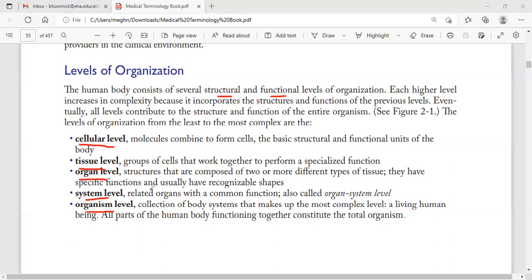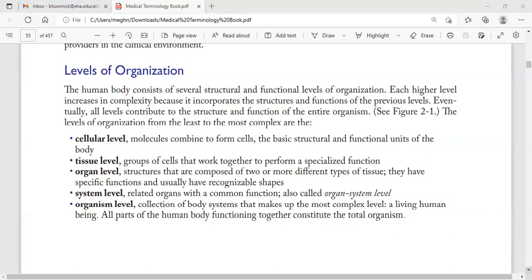System level, related organs with a common function, also called organ system level. Organism level, connections of the body systems that make up the most complex level. In a living human being, all parts of the human body function together, constituting the total organism.